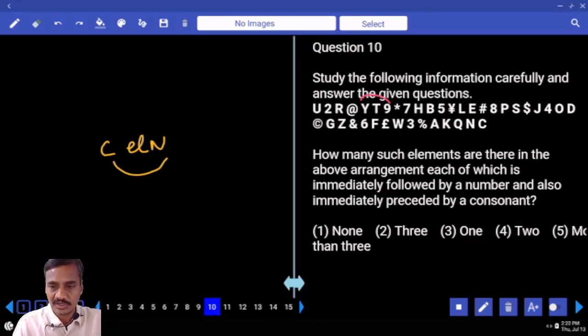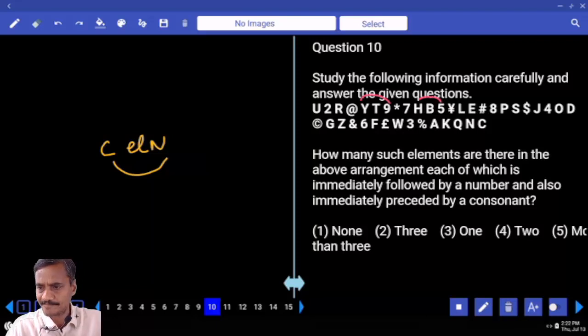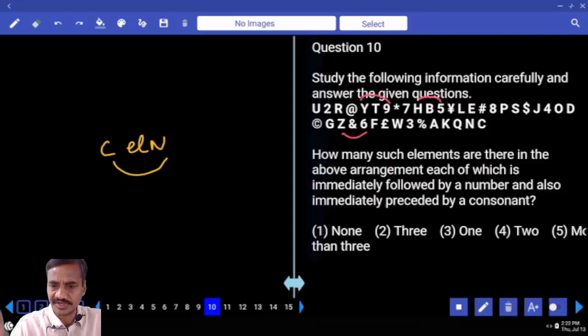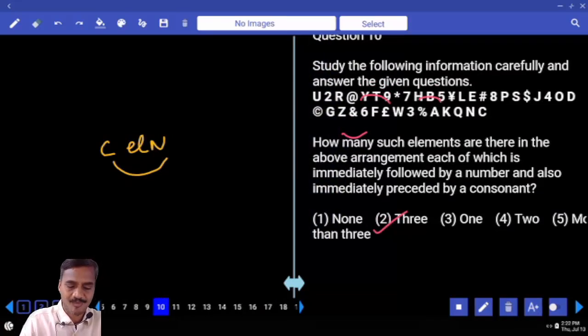And next one, consonant and number in the alternate places, H and 5. And consonant and a number in the alternate places. And how many are there? Consonant and a number. Then consonant and number, there is one more. And how many are there altogether? 3. 3, that is the choice to question number 10.